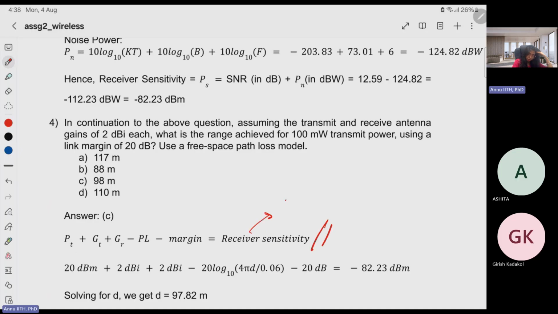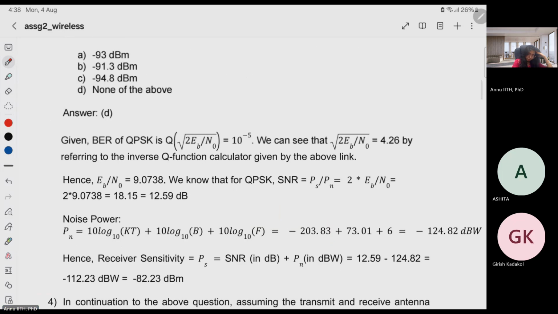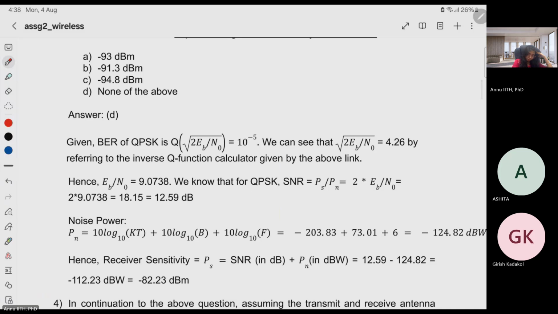Receiver sensitivity, or sometimes we call it received power. SNR is equal to symbol energy divided by noise power. So symbol energy is 2 into Eb by N naught, divided by noise power.